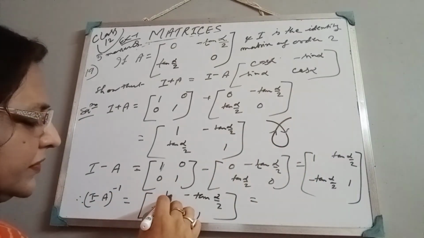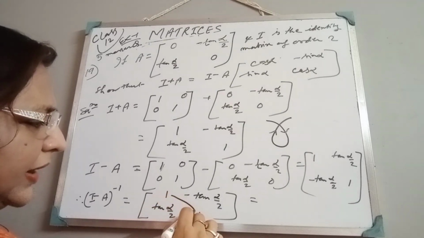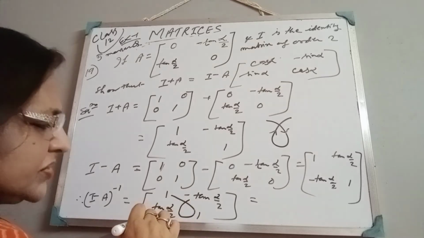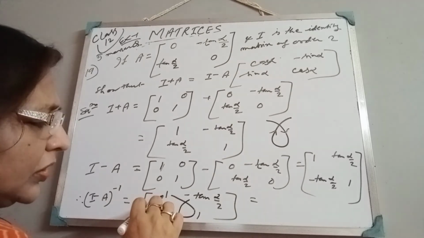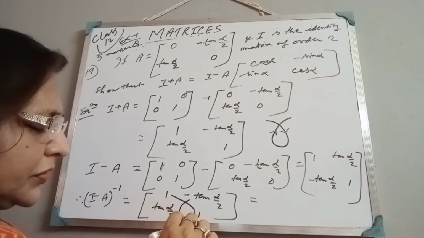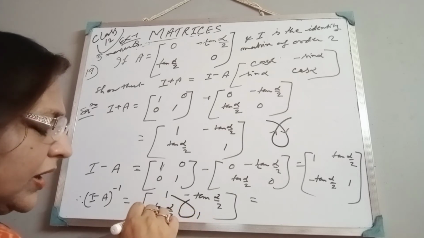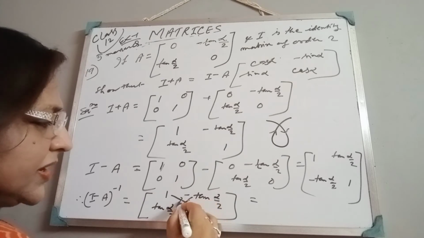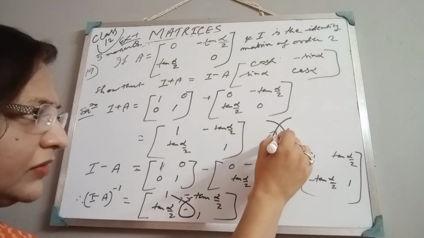We will start from the left corner. So 1 into 1 like this minus, left upper corner into right lower corner minus lower left corner into upper right corner. And direction is this, and where we will write minus. This is the expansion rule. Okay, here we will follow this.